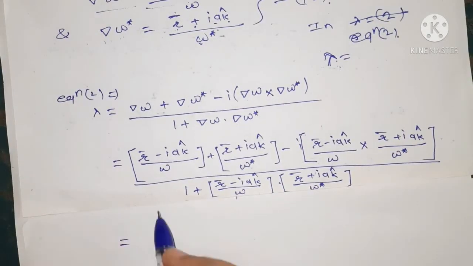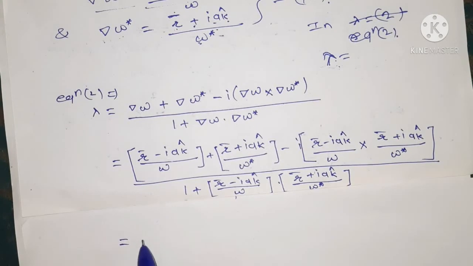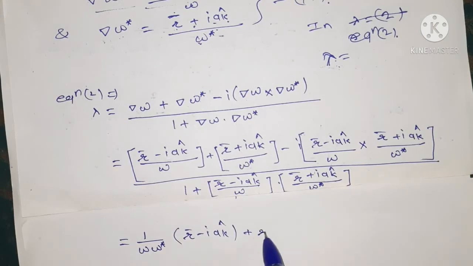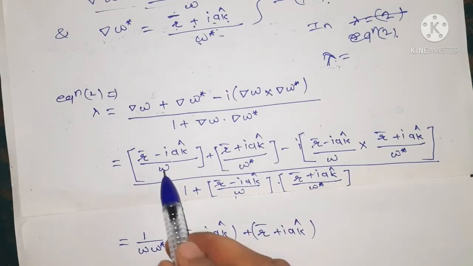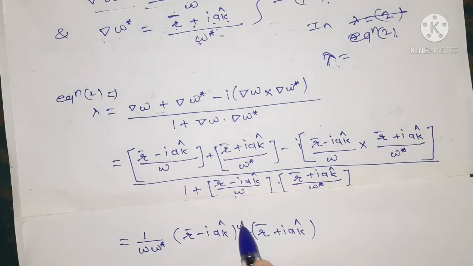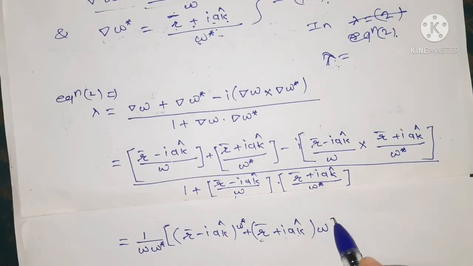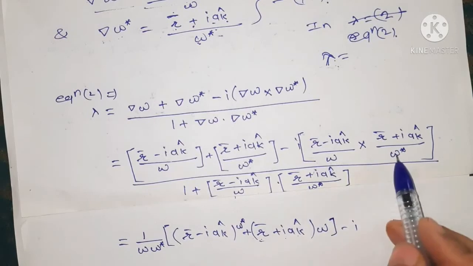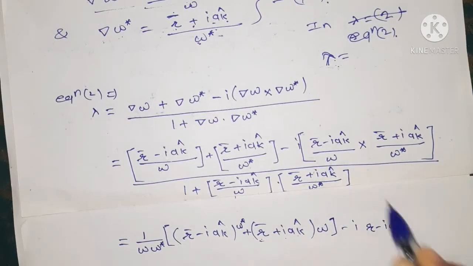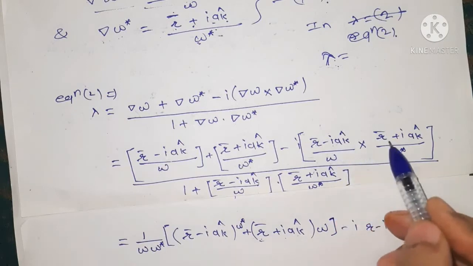Taking common, we have 1 upon omega into omega star, that is we take omega into omega star as common. So in a bracket we have r bar minus i a cap plus r bar plus i a cap, with omega star multiplying r bar minus i a cap and omega multiplying r bar plus i a cap. Minus i, taking common omega star, we have only the cross product of these two terms, r bar minus i a cap cross r bar plus i a cap.